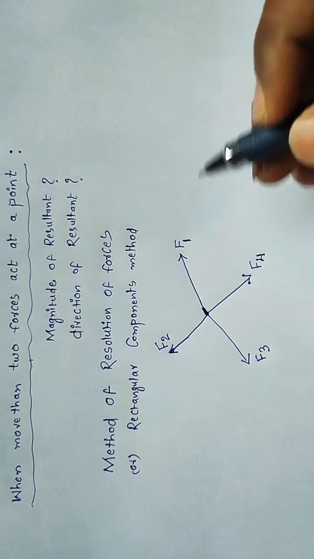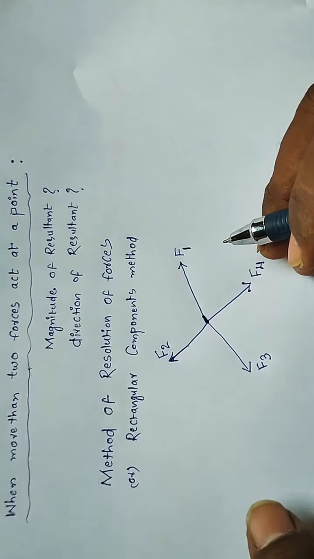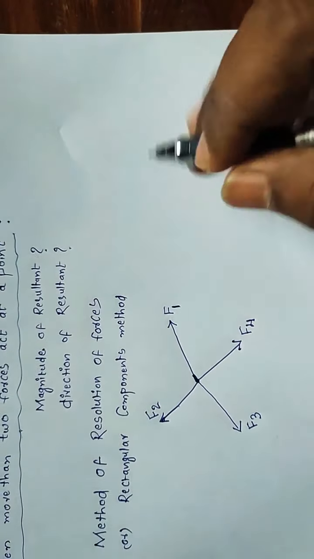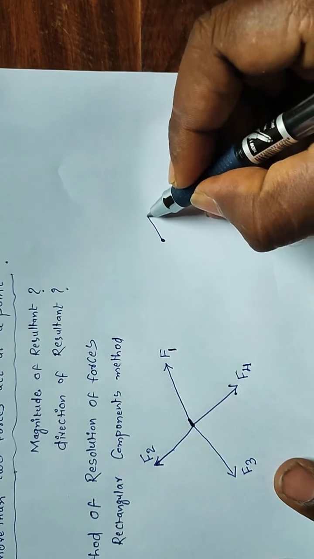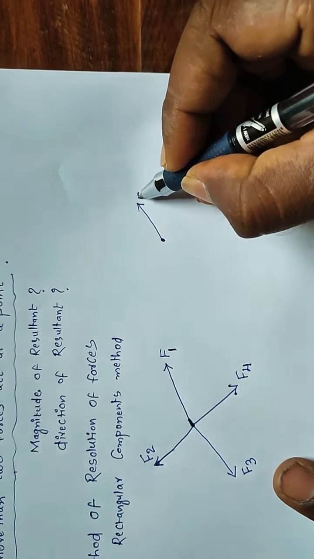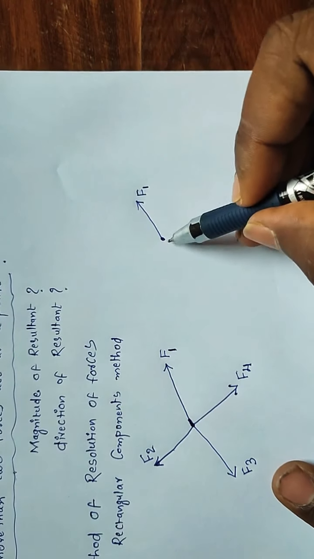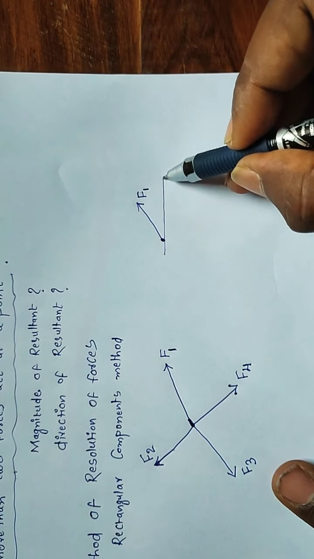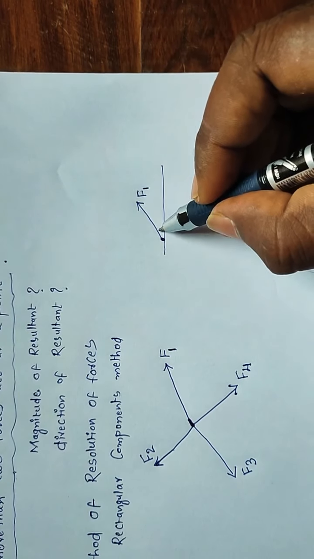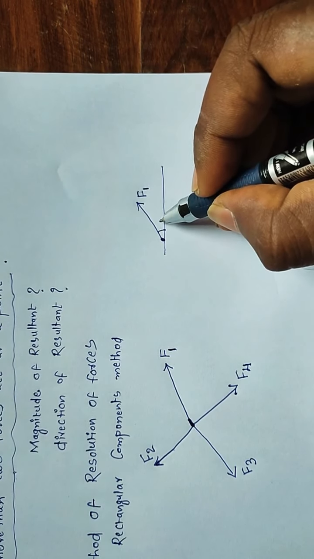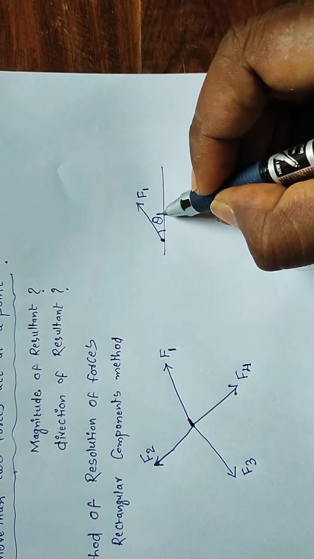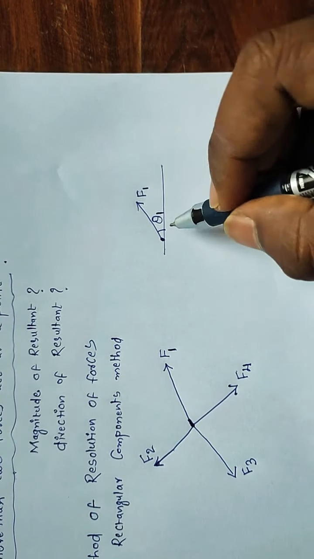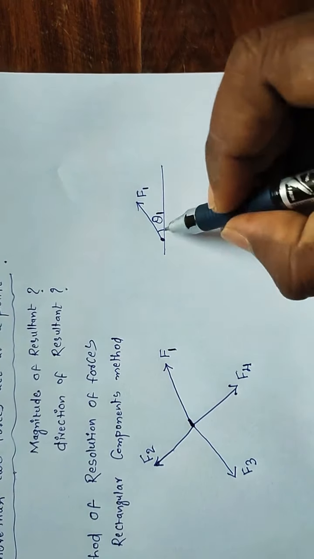So for F1, if you consider this is F1, it is making some angle with the horizontal. That angle here we are considering as theta1.